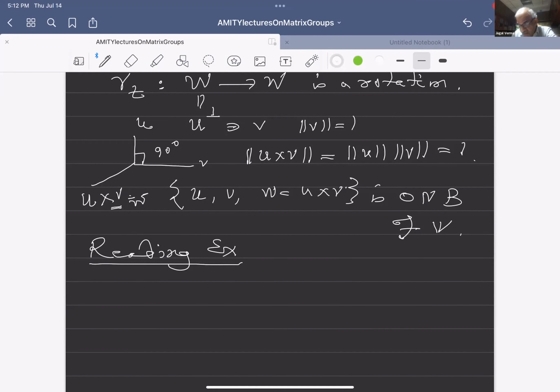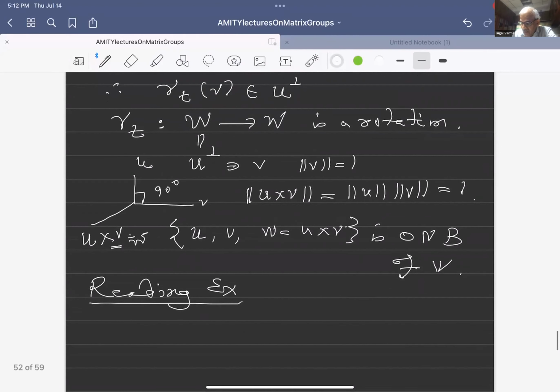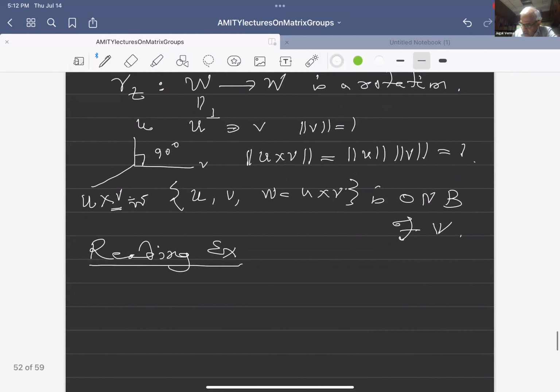U, V, W are unit quaternions. U was a purely imaginary unit quaternion, and V is also a purely imaginary unit quaternion because I picked V from the perpendicular space of U inside the big space.